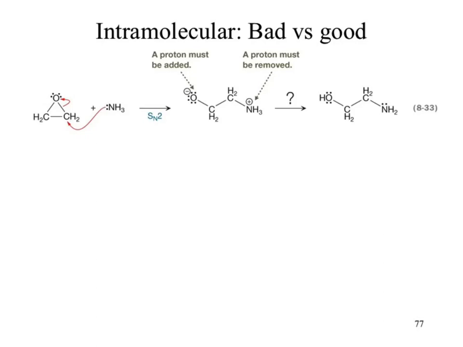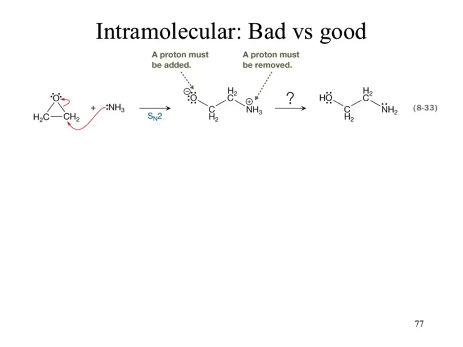Okay? Leaving groups don't have to leave the structure, they have to leave the atom to which they were attached. So that's kind of a bizarre looking system, but that is an SN2 reaction. The result is we would end up with that intermediate, with the positively charged nitrogen and the negatively charged oxygen.